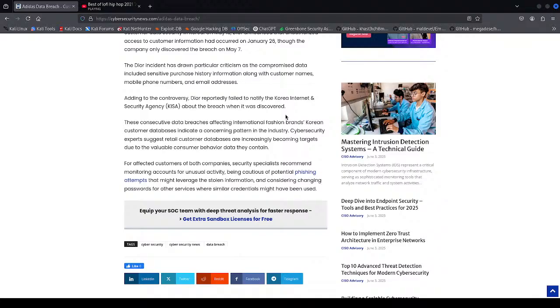Cybersecurity experts suggest retail customers' databases are becoming targets due to the valuable consumer behavior data they contain. For affected customers of both companies, security specialists recommend monitoring accounts for unusual activity, being cautious of potential phishing attempts that might leverage stolen information, and considering changing passwords for other services with similar credentials that might have been used.